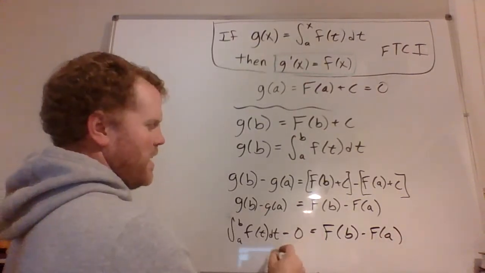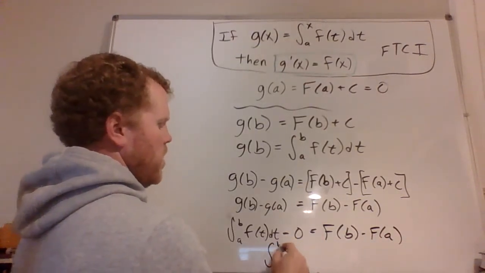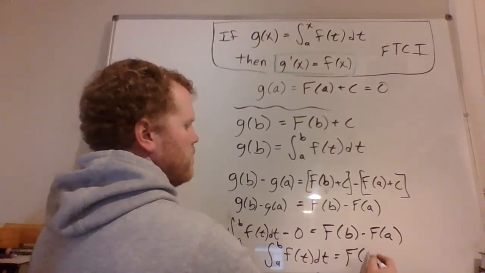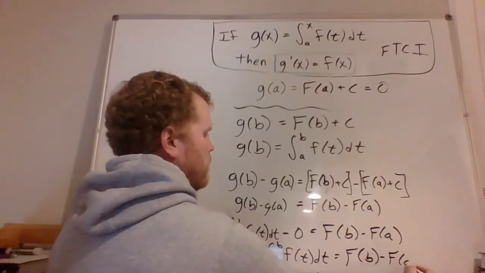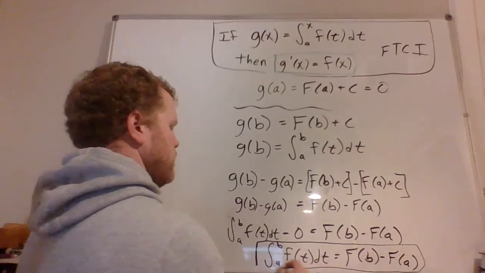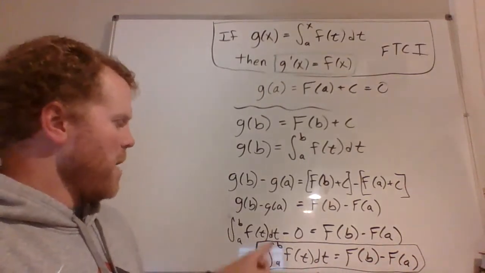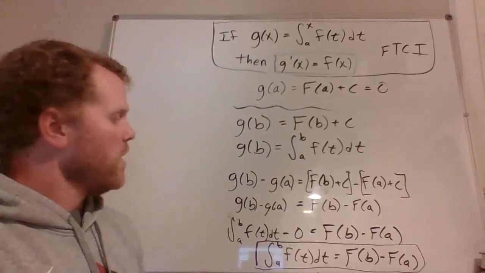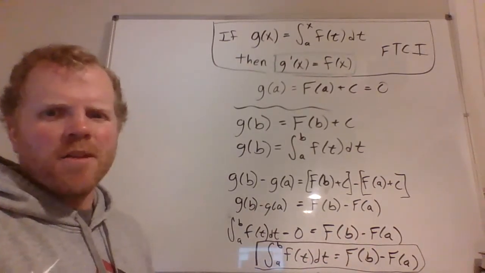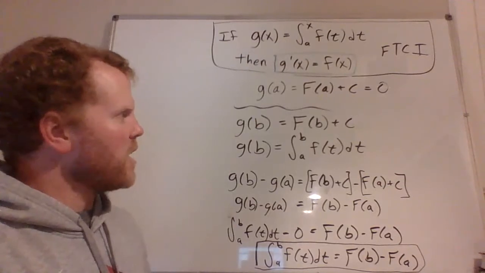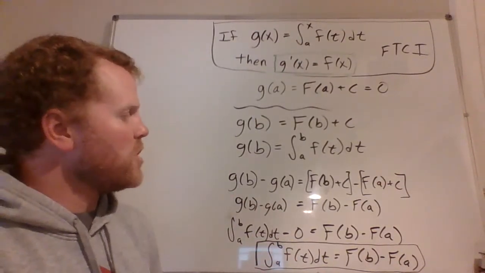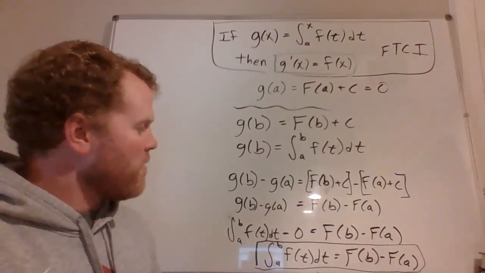Translation, that 0 doesn't matter, so in grand conclusion, we get this fun little nugget: that the integral from a to b of some function f is just big F of b minus big F of a. That maybe doesn't look all that powerful, but let's remind ourselves what F was supposed to represent. F was supposed to represent some antiderivative of the function.